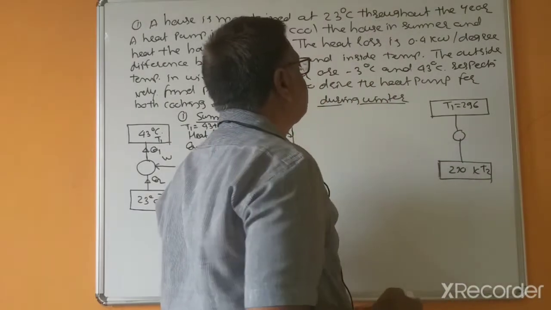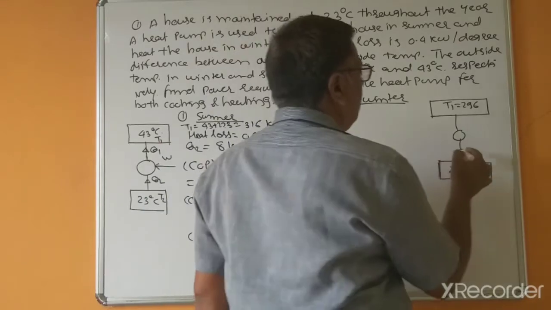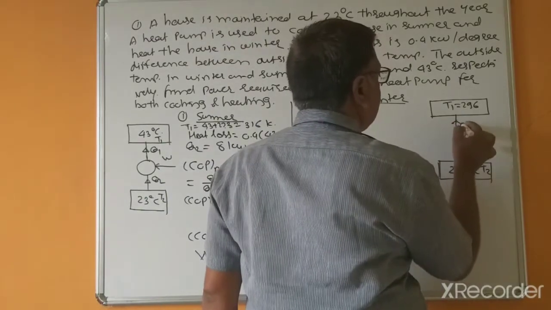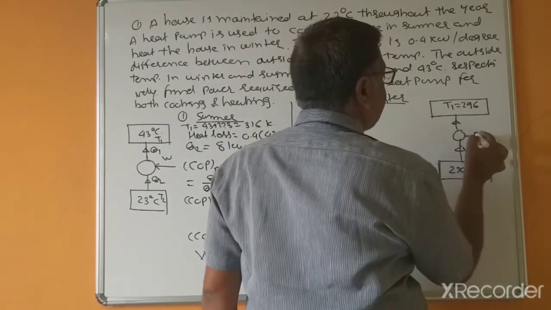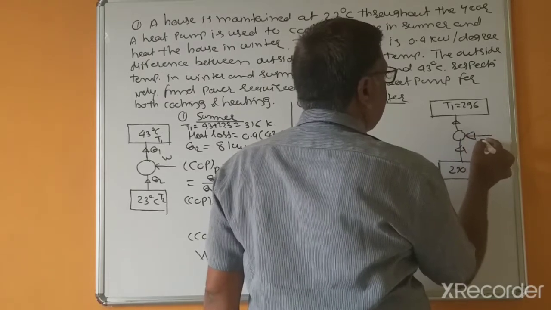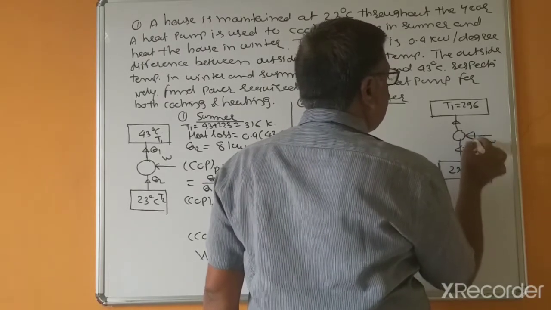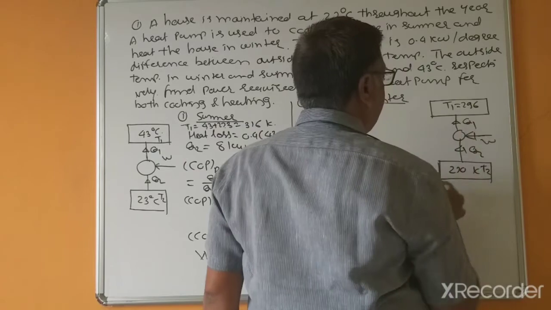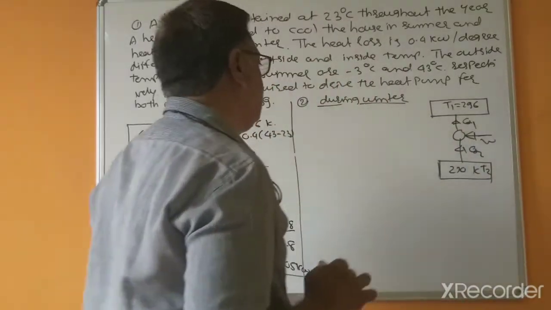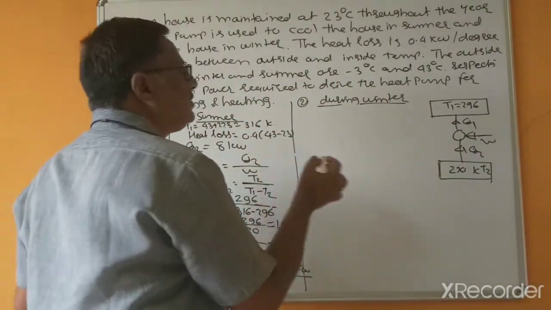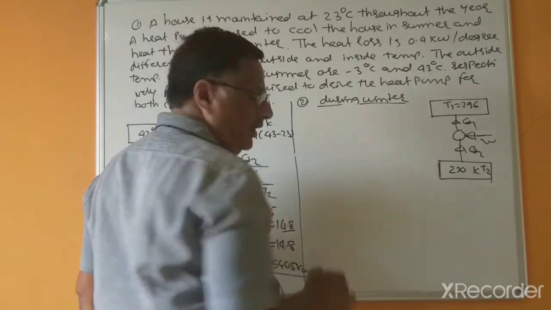And in this case during winter, heat is to be extracted from the atmosphere. This is Q2, this is Q1, T1, T2.